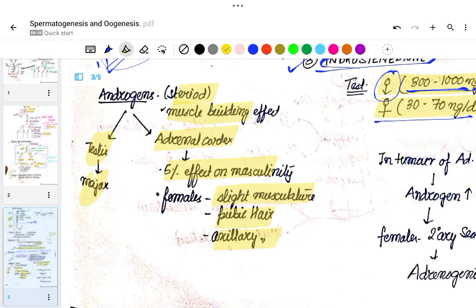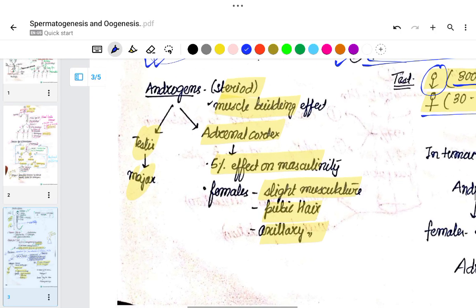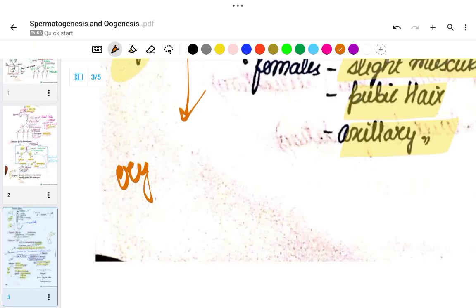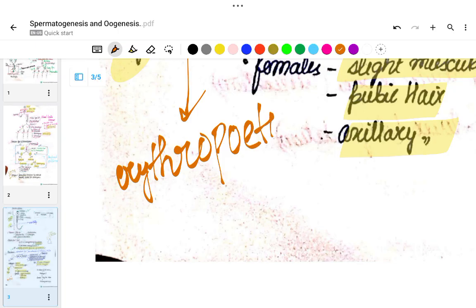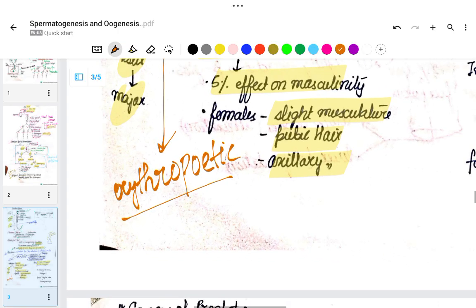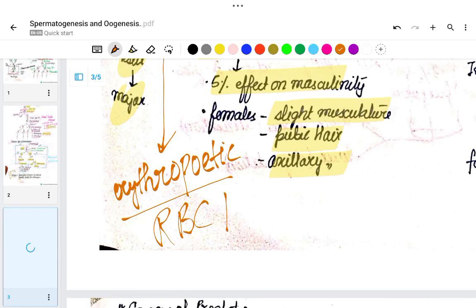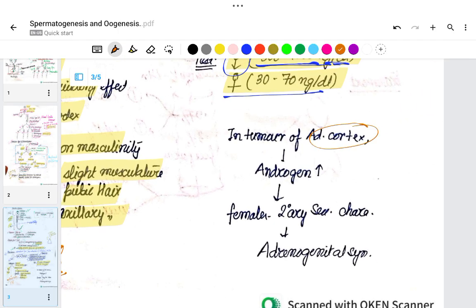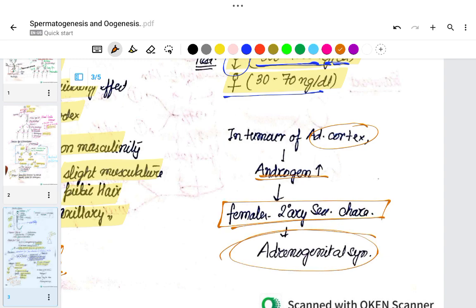Another function of testosterone is erythropoietic action, which means it also increases RBC count.